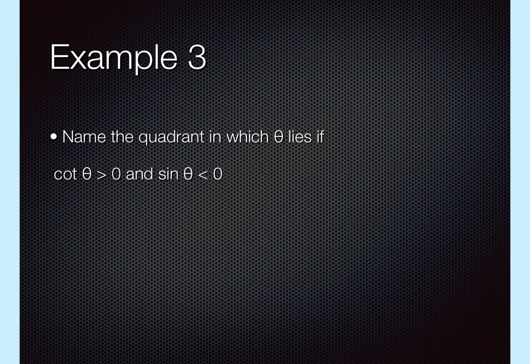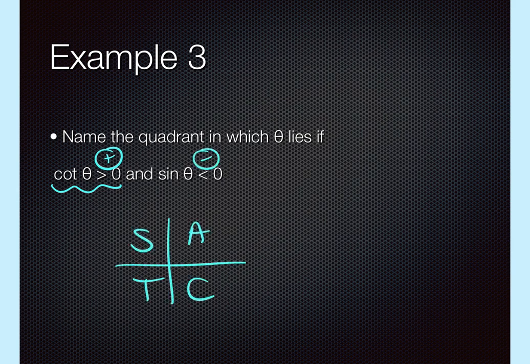It says, name the quadrant in which theta lies if cotangent of theta is greater than 0 and sine of theta is less than 0. So what positive or negative sign does cotangent have if it has to be greater than 0? Positive. What sign does sine have if it's less than 0? Negative. So if we think about our trig functions, now these are our originals.